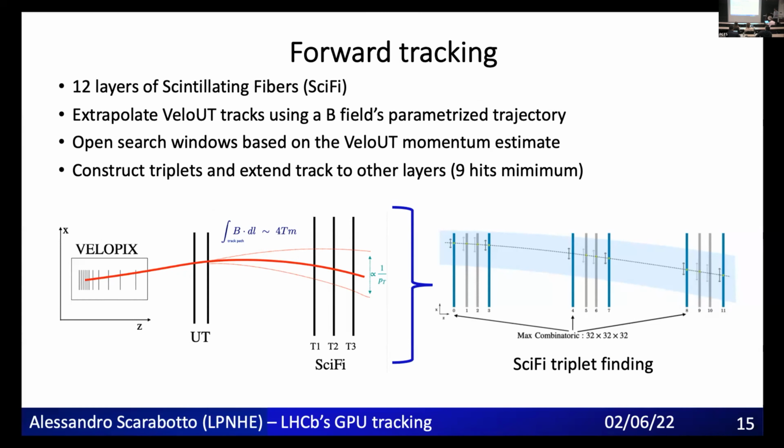We open search windows based on the first velo UT momentum estimate that I just discussed before. And what we do is a search by triplets. For example, here I'm showing that we can build triplets using the first layer in each of the T stations. We build our triplet, and then we try to extend the track using the other layers, and we require 9 hits minimum out of 12.